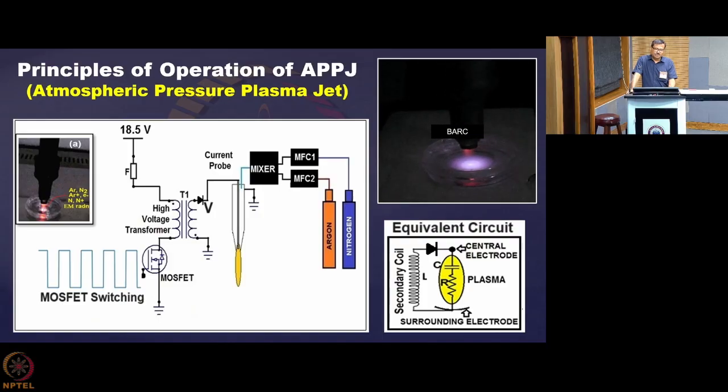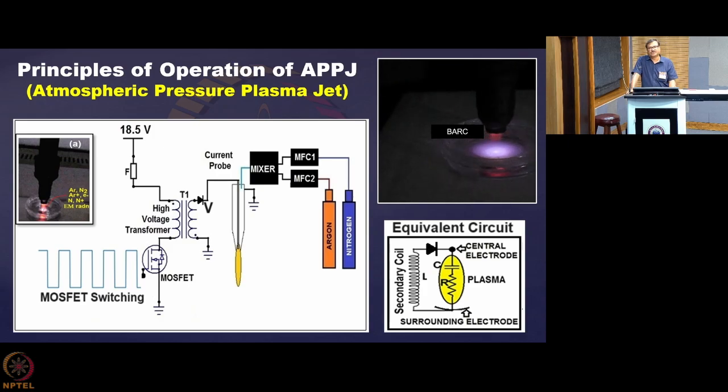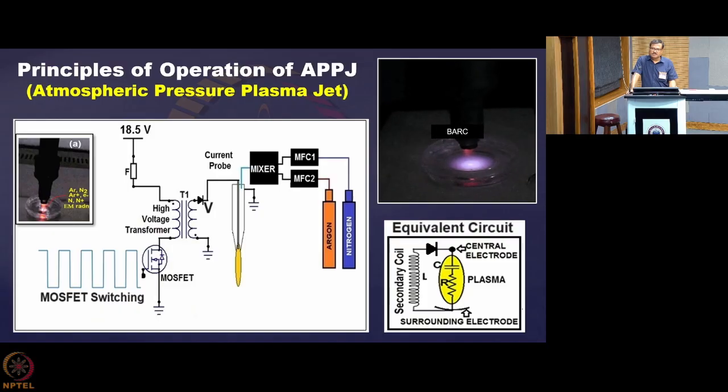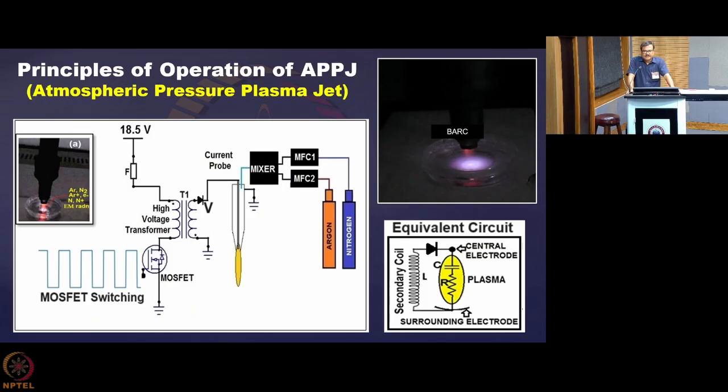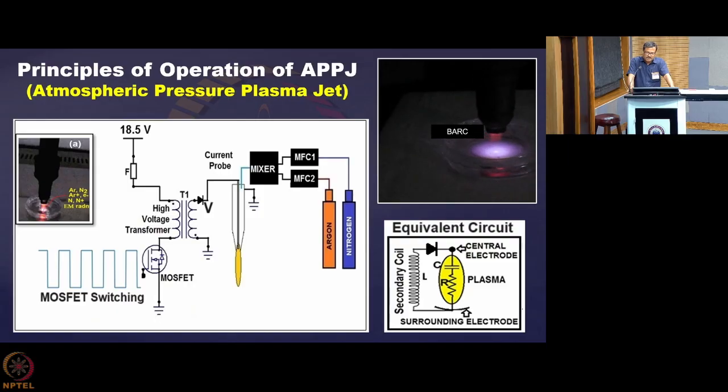Actually the plasma is so cold that you can put your finger over there and nothing is going to happen. Those photographs I will be showing you in the tutorials, to show how cold they are. But the interesting fact is about the temperature. I am not talking about the electron temperature, I am talking about the gas temperature.